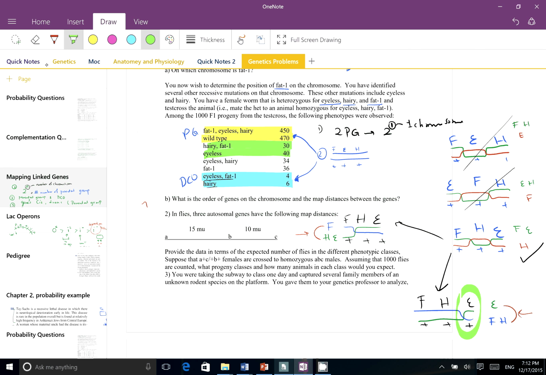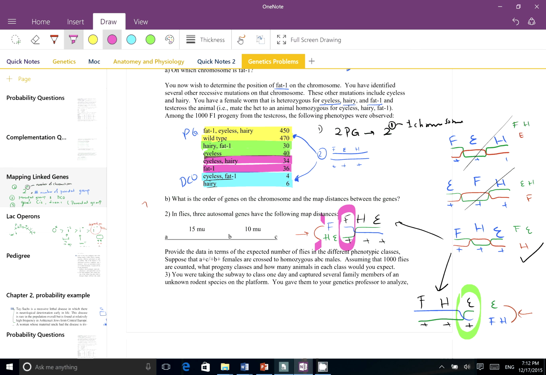See, it's actually 40 and 30 that went together. And then when F is the one that underwent the cross, I will have fat on its own, and then I'll have eyeless and hairy, which is what these two are showing me.